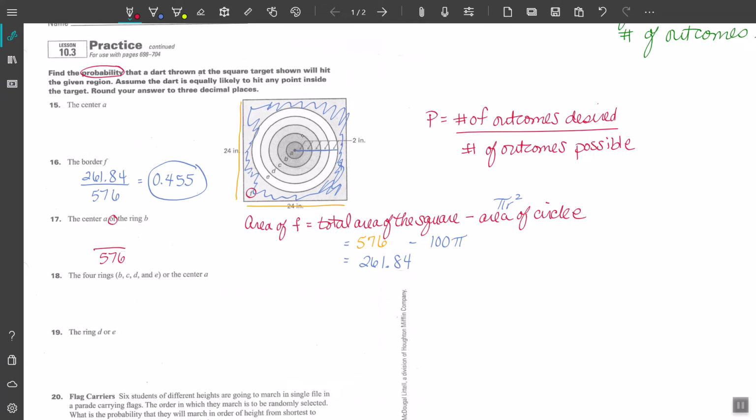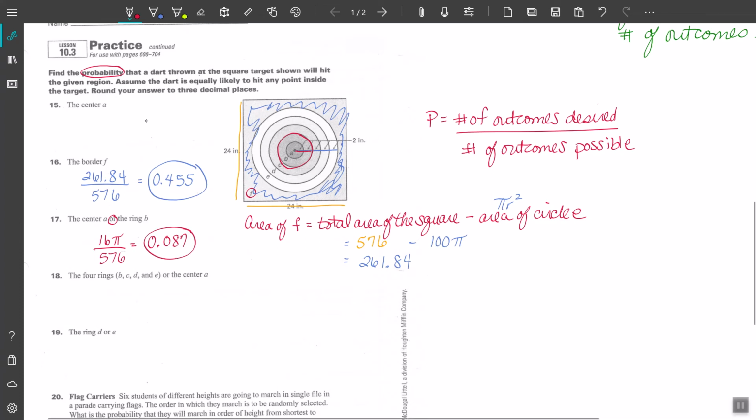So really we're just talking about the likelihood of hitting this circle here in comparison to the entire board. So now we're concerned about the area of circle B. So we're going to take the radius here, which is just 4. We're going to square that in order to follow our pi r squared formula. And so we'll get 16 pi for our numerator, divide those, and get a probability of 0.087.